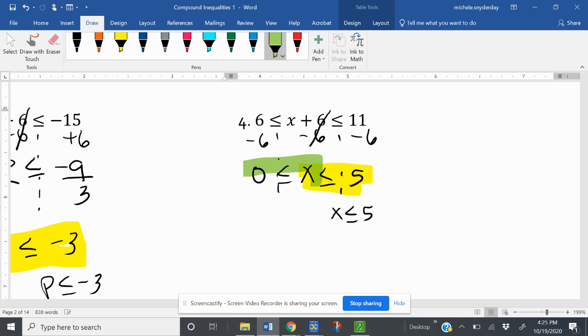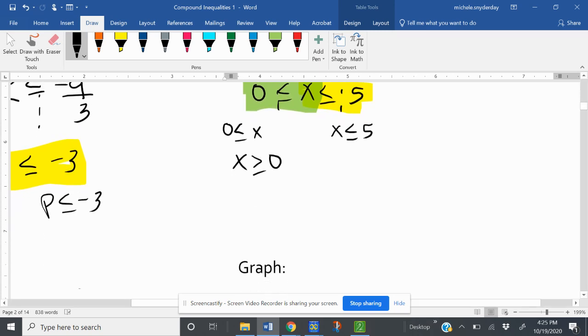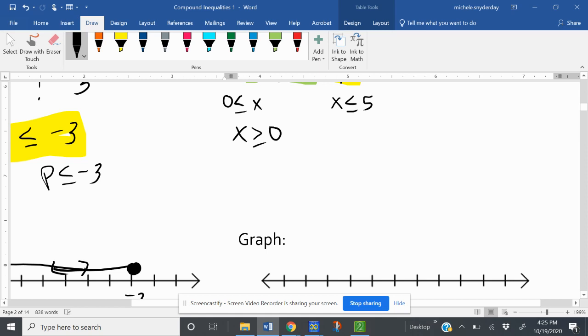And then this one, we have to rewrite. Originally, it's 0 is less than or equal to x, but we need the x to come first. The open part is towards the x, and it still is. The pointy part is towards the 0. So those are the two inequalities we need to graph.